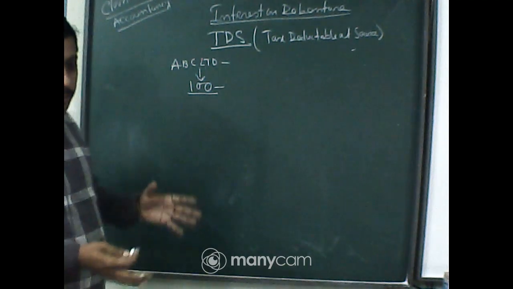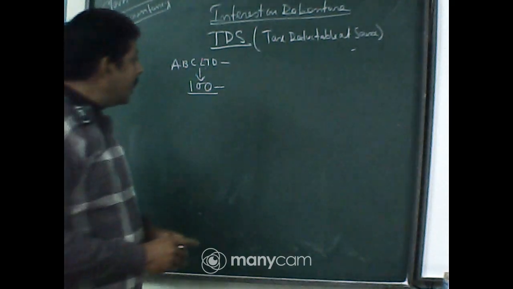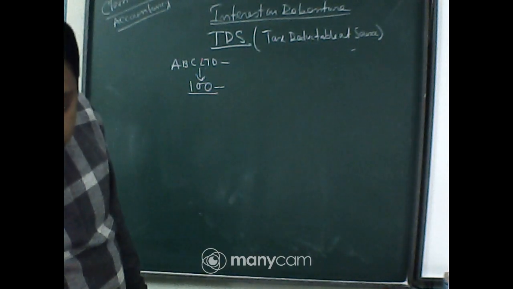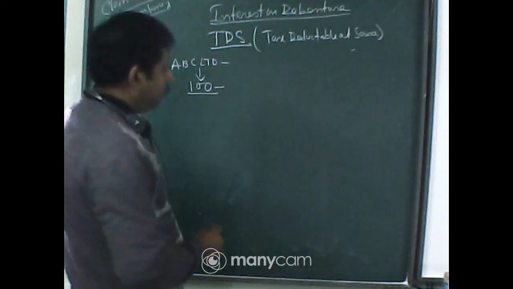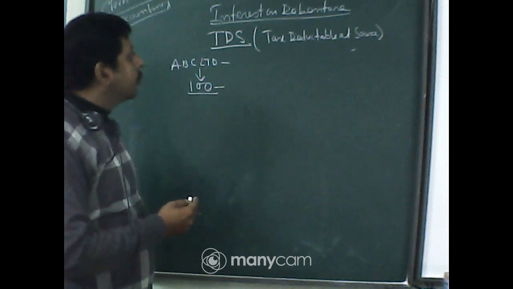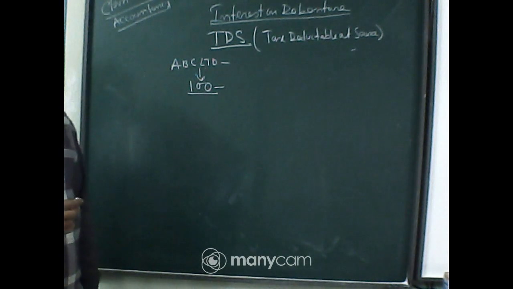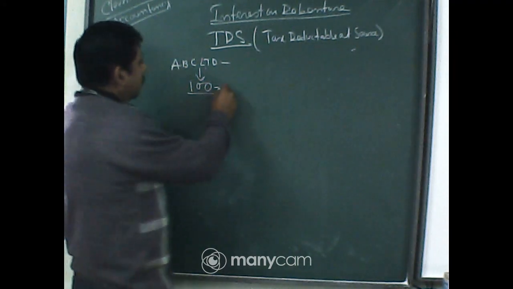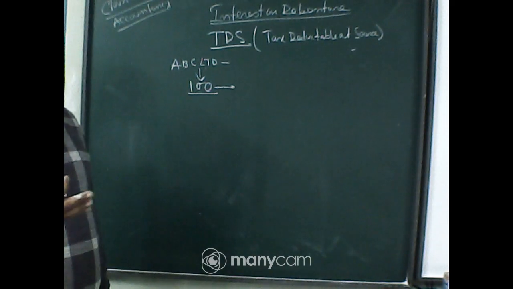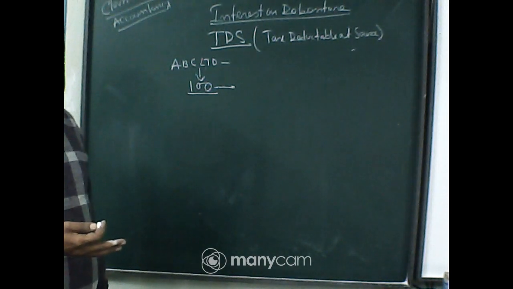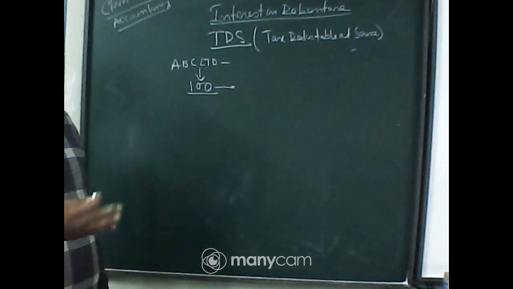Now the government is saying that the company should pay the taxes on behalf of the debenture holder. And whenever the debenture holder files their income tax return, this tax will be returned back to them.